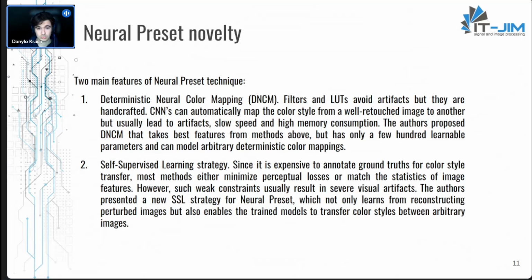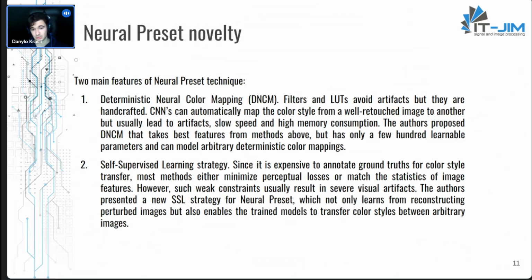And to train the model, the authors used a custom self-supervised learning strategy, since it's expensive to annotate ground truths for color style transfer. Most methods either minimize perceptual losses or match the statistics of image features.